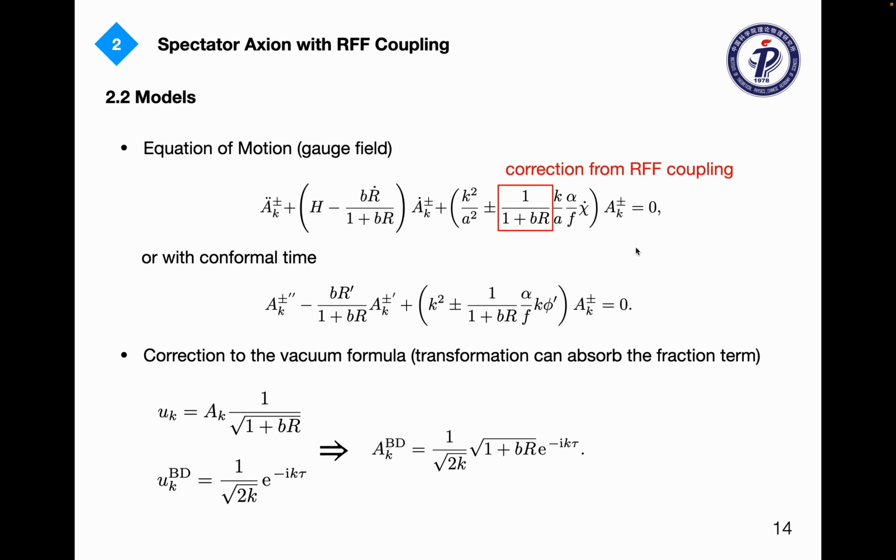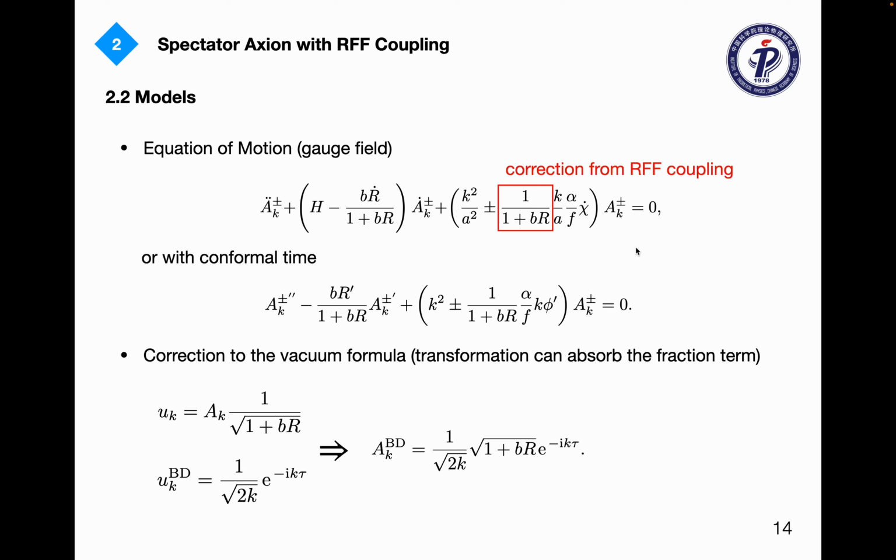So next, this is the equation of motion of the gauge field, and this is the most interesting part of our research. We find that after adding those non-minimal coupling terms, there will be a correction to the mass term of the original gauge field. And since our correction happens in the tachyonic mass, we can expect it can exponentially influence the gauge particle production.